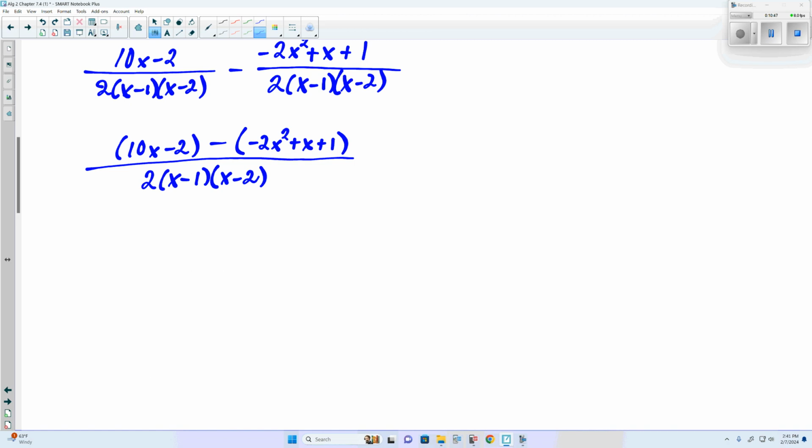With subtraction, we do need to be careful, mainly with the second expression, the one being subtracted, because we have to distribute that negative throughout the entire expression. When we subtract our negative 2x squared, the negative and negative makes a plus 2x squared. When we subtract our positive x, it's the same as negative x. And when we subtract our positive 1, it's the same as negative 1.